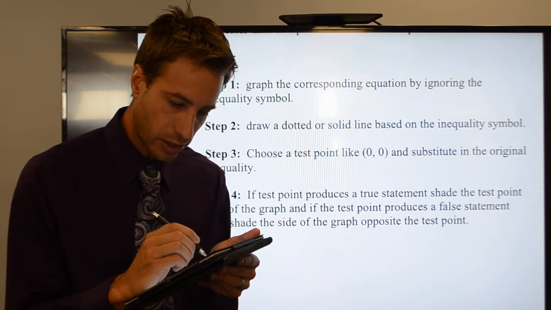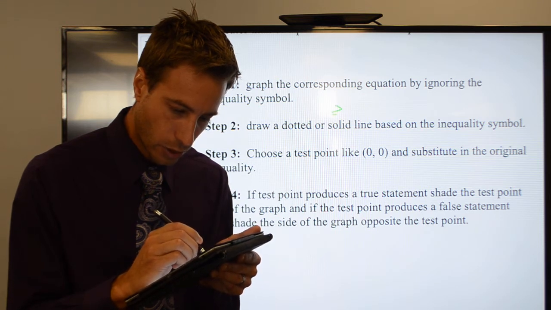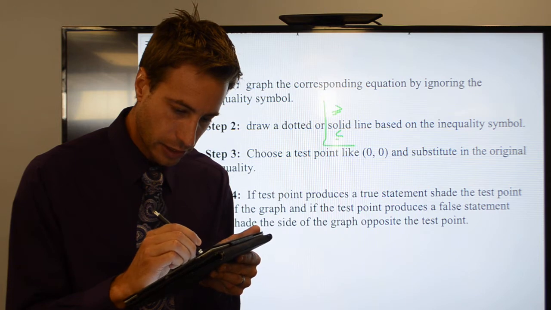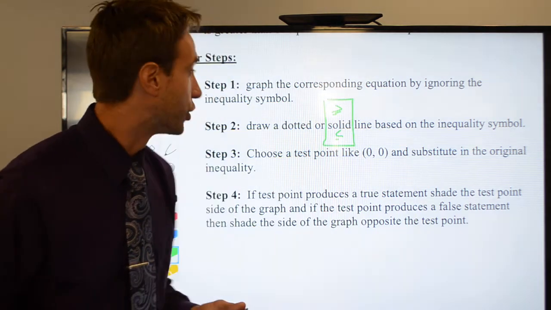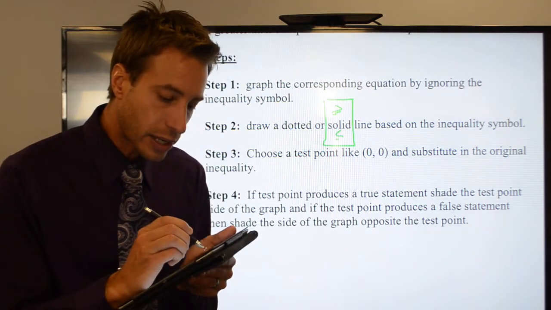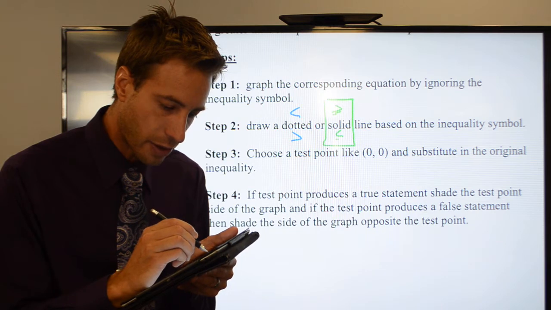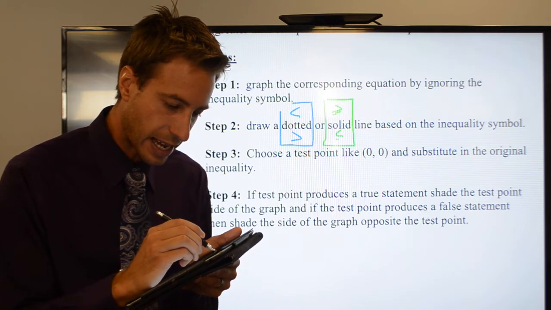So the solid line is going to be greater than or equal to or less than or equal to. That will all get you a solid line. The dotted line is going to come if you are strictly less than or strictly greater than. So strictly less than or strictly greater than, that's how you're going to get a dotted line.